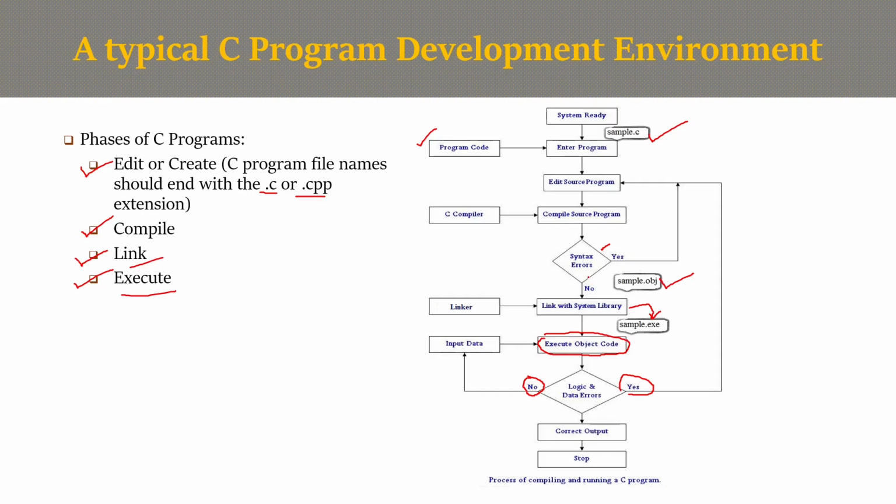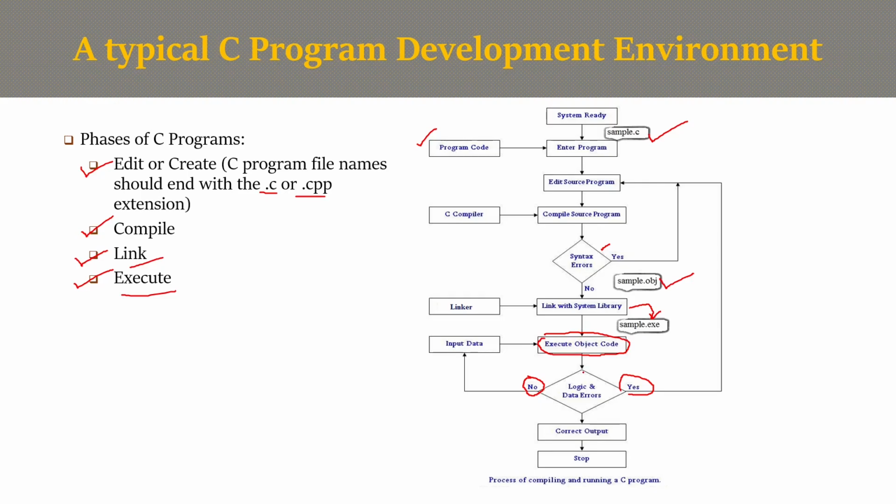If we don't get it, then a sample.o or object file is created, right? This is the object code that has been created after the compilation, and this object code with the linker will produce an executable file, which is the sample.exe file. Then this exe file is executable.